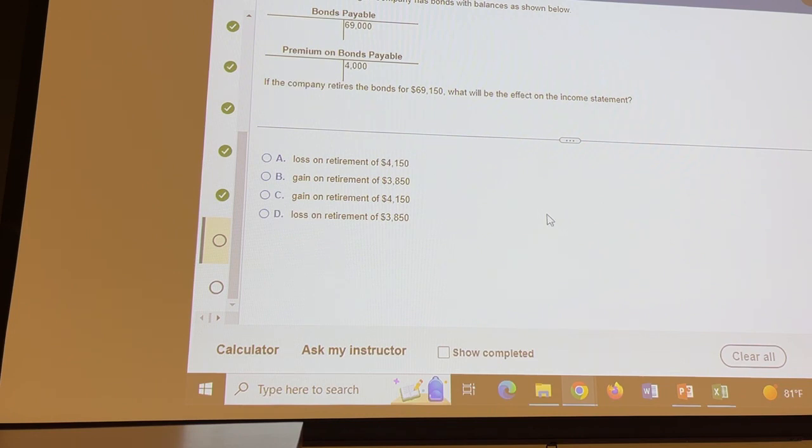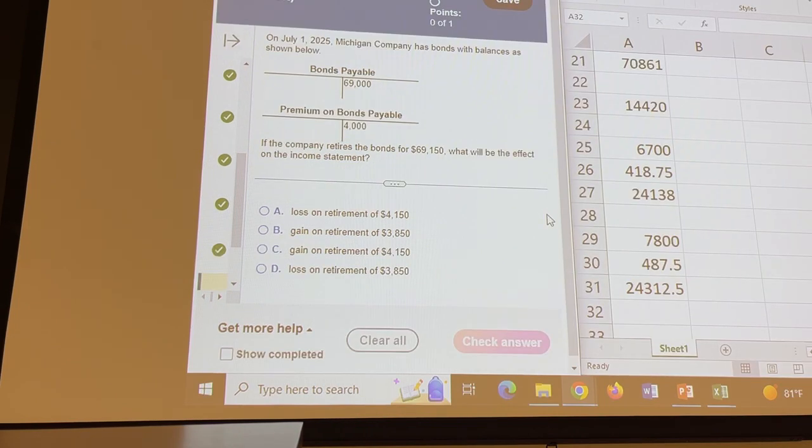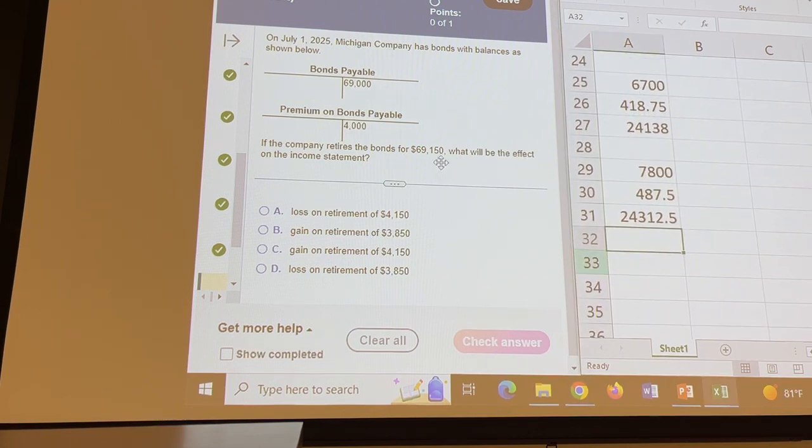So here you can see that the carrying value of the bonds is the 69,000 plus the 4,000 premium. So the carrying value is 73,000.